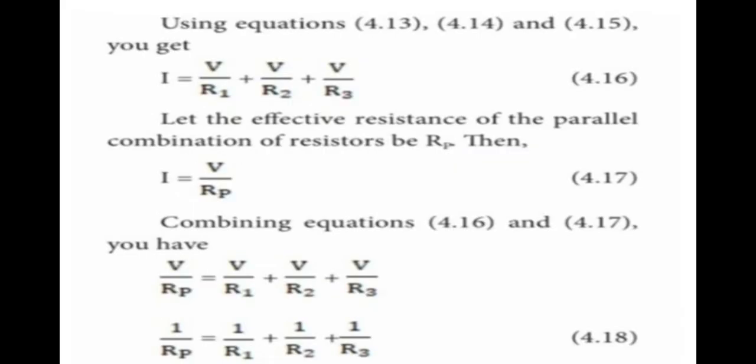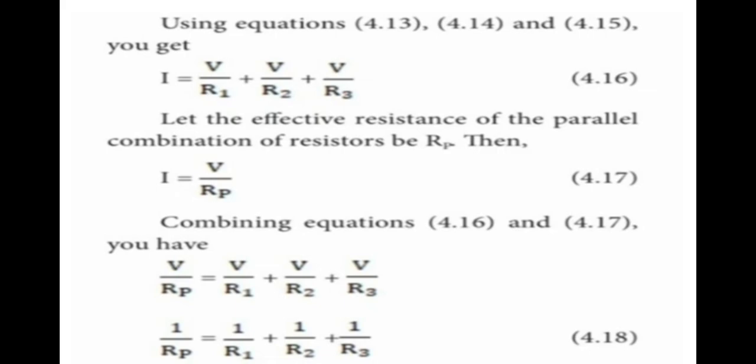According to Ohm's law, I1 is equal to V by R1, taking this as the first equation, I2 is equal to V by R2, I3 is equal to V by R3. The total current through the circuit is given by I is equal to I1 plus I2 plus I3.